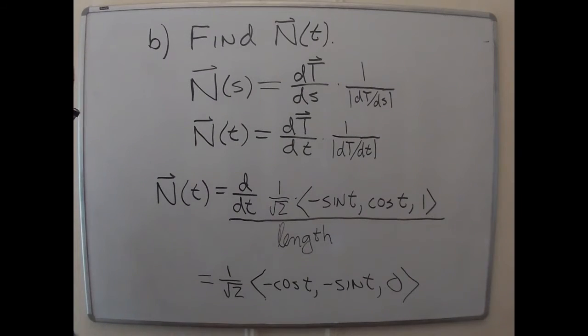Okay? So to get N of t, we basically just need to erase this 1 over root 2. Then it's equal to minus cos t, minus sine t, 0.